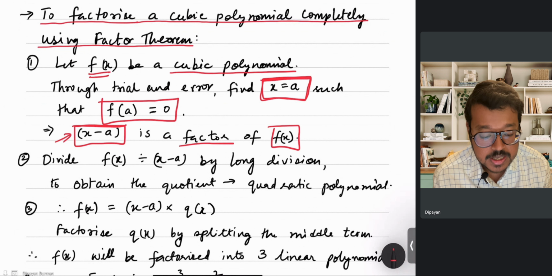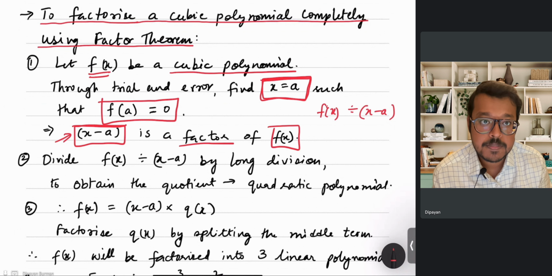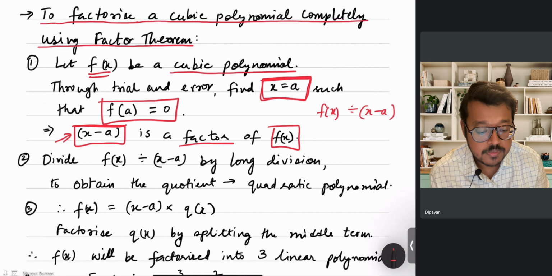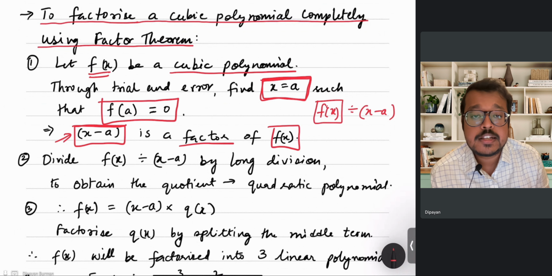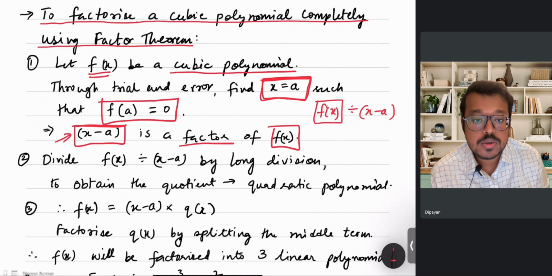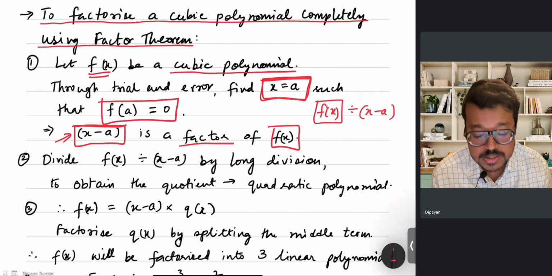So if I am looking at f of x, the cubic polynomial, divided by x minus a, then this divisor x minus a is equal to 0, and for that same value of x, if I am substituting in my dividend, which is f of x, and that is equal to 0, it tells me that the division gives me the remainder 0. So hence x minus a is definitely a factor of the dividend f of x.